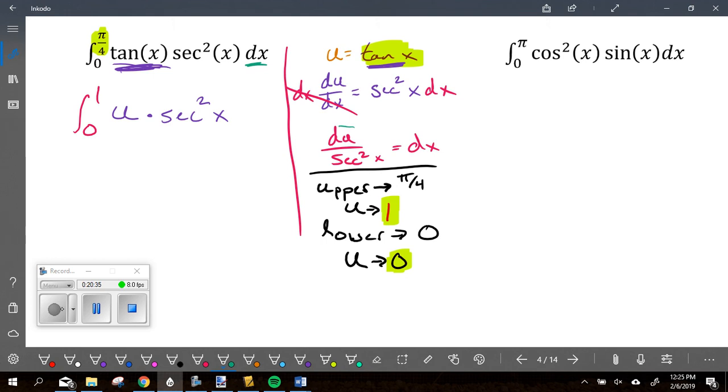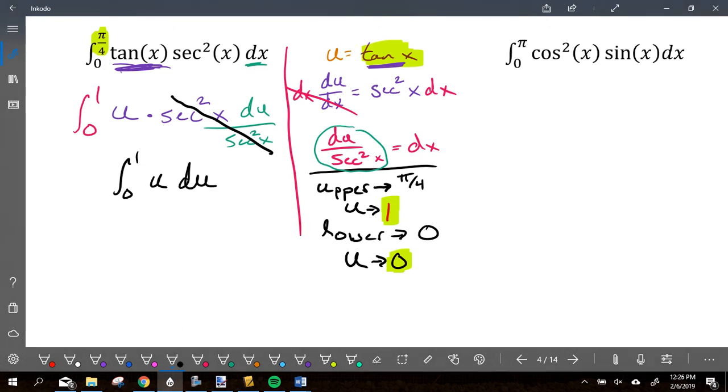I'm going to plug in what dx is: du over secant squared x. And so this is why Nolan picked tangent here. He's got a secant squared x on top. He's got one on bottom. And so if he did it right, they're going to cancel. Now I have the easiest integration problem ever. We are integrating from 0 to 1 u du.